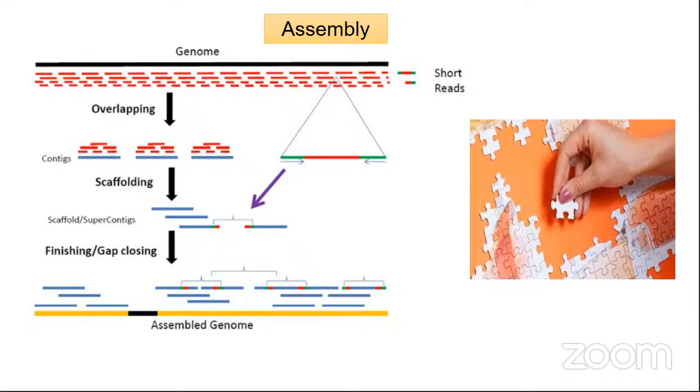So once you have assembled, you will be able to get an idea of what genetic material was actually present there. But still, as you can see, there is one small portion which was not able to be assembled from your actual genetic material, though you started with an intact genome.